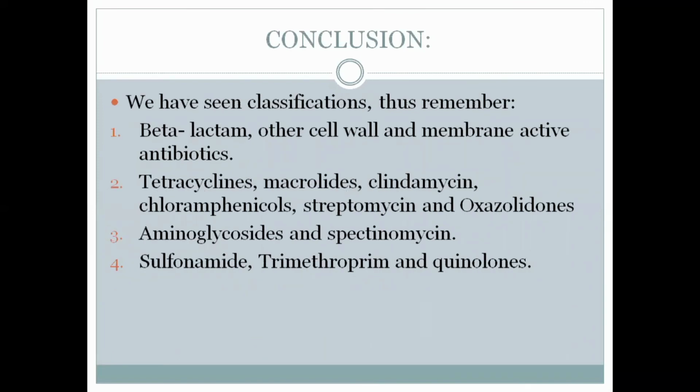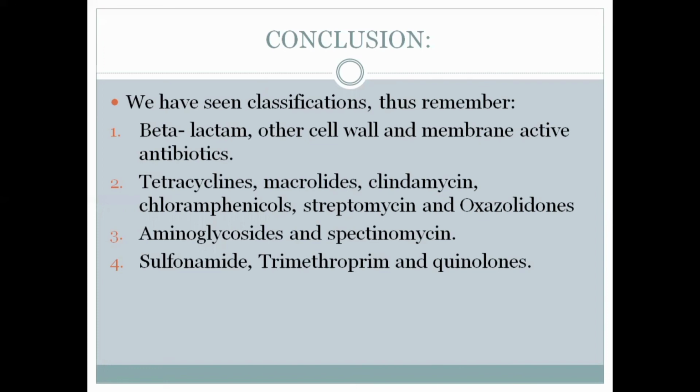So in conclusion, we have seen a brief and a broader classification of all the drugs which are named antibiotics and antimicrobials. We need to remember the beta-lactams and other cell wall and cell membrane inhibitors. We also need to remember the tetracyclines, macrolides, clindamycin, chloramphenicol, streptomycin, and oxazolidinones, aminoglycosides, spectinomycin, sulfonamides, trimethoprim, and quinolones.